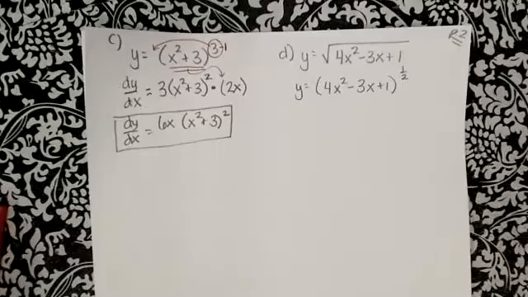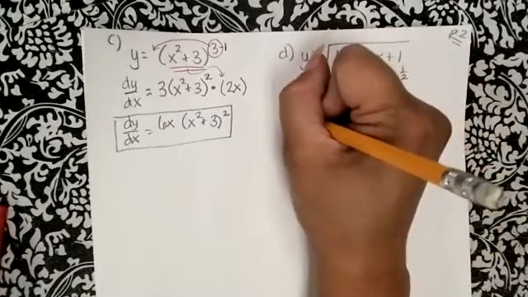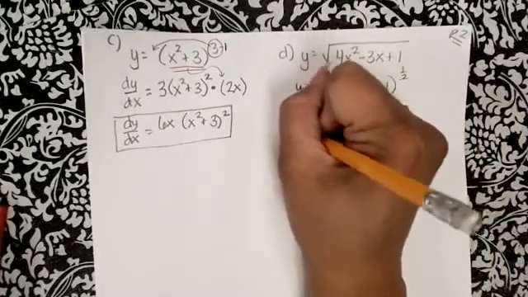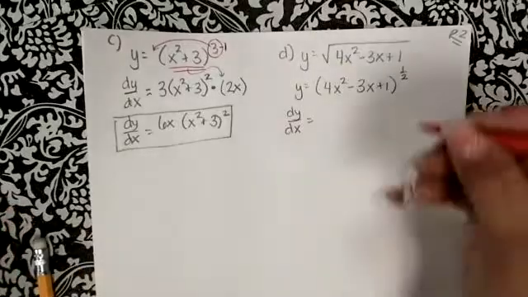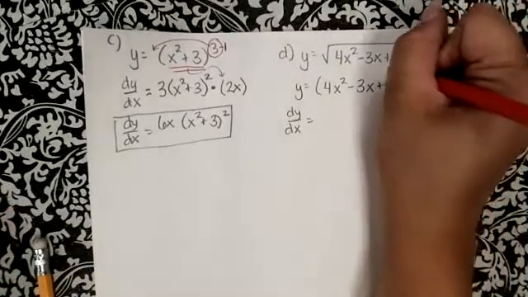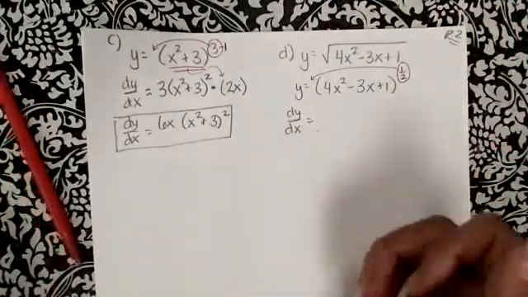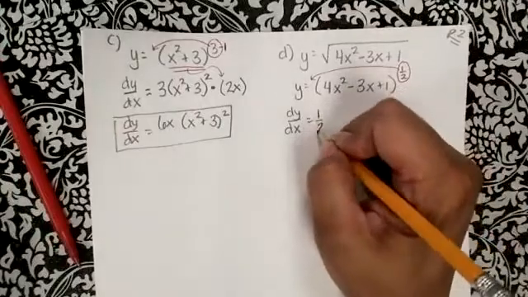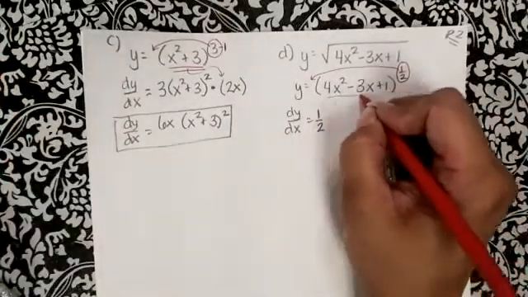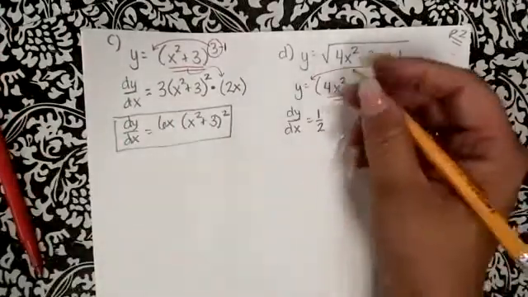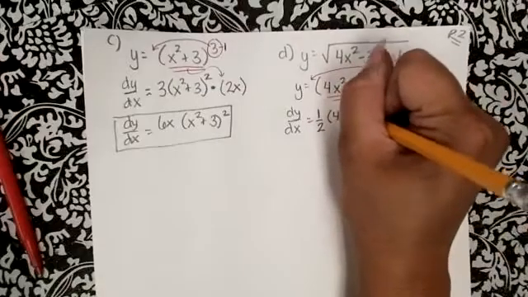So now here, when you're taking the derivative, y prime is going to be dy over dx. I'm going to go ahead and bring the 1/2 to the front. So this is going to be a 1/2. Keep everything inside the same.